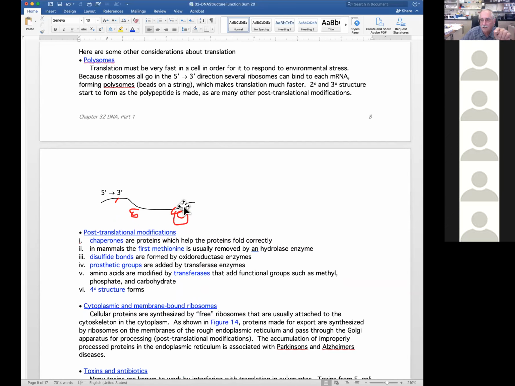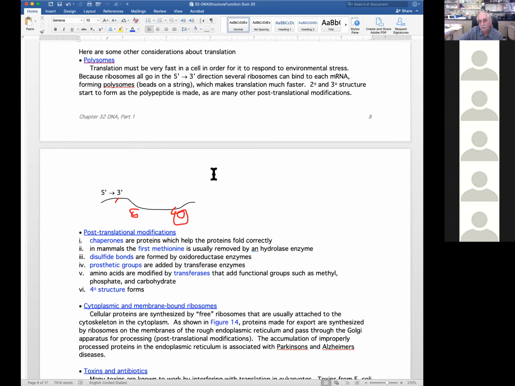They all seemed to be connected to each other. So what it was is that several ribosomes are able to line up on a single piece of messenger RNA and start making protein because they all go in the 5' to 3' direction. What that does is greatly amplify the number of proteins that you can get from a single piece of messenger RNA.